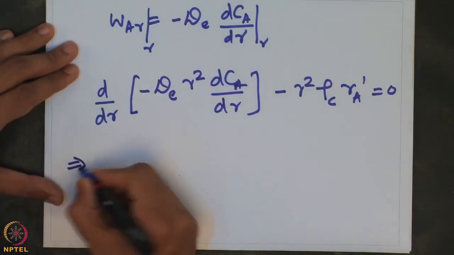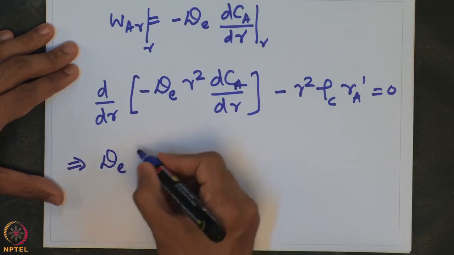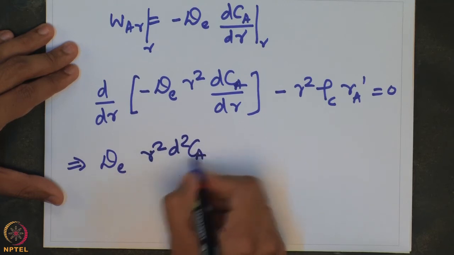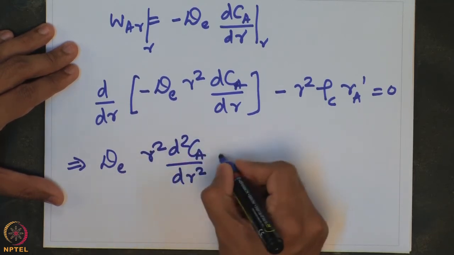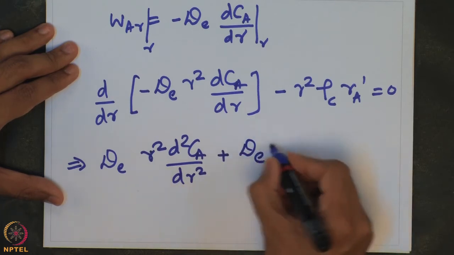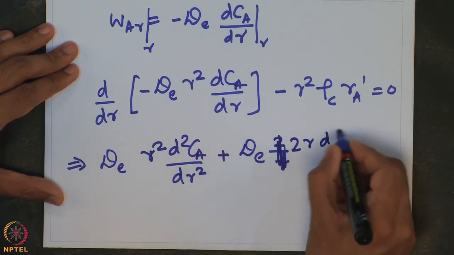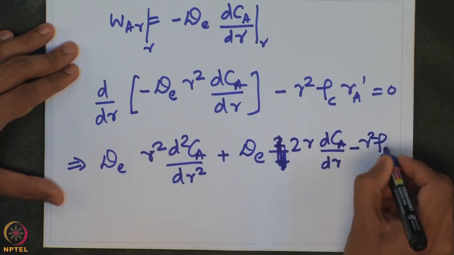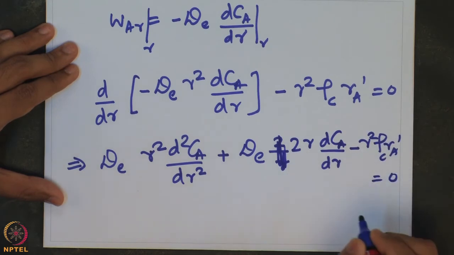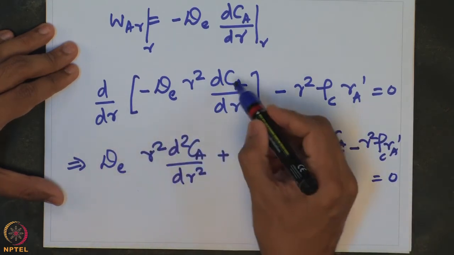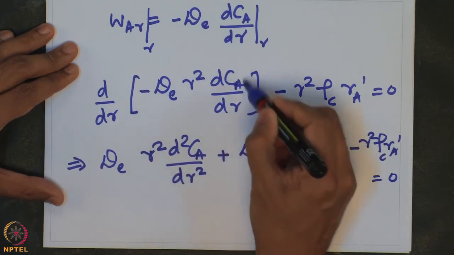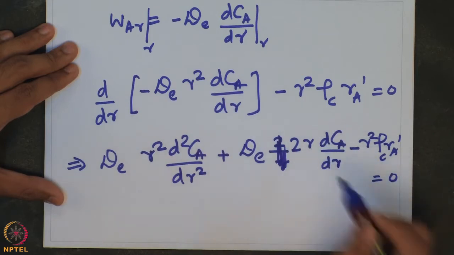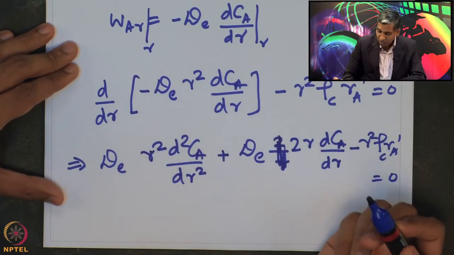That is essentially given as D E into r square d square CA by dr square plus D E into 2r dCA by dr, minus r square rho c into R A prime equal to 0. All I have done is use the chain rule inside.